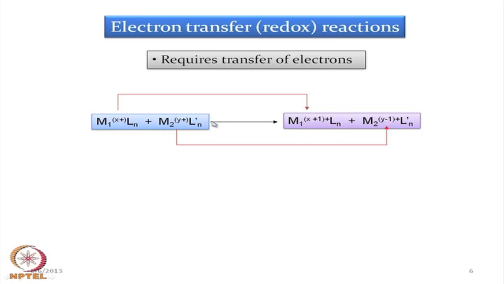When they are reacting, they can be different also, that means one center can be a cobalt center and the other a chromium center. If this has an oxidation number of X plus and this has an oxidation number of Y plus, then the electron is moving from one to the other.